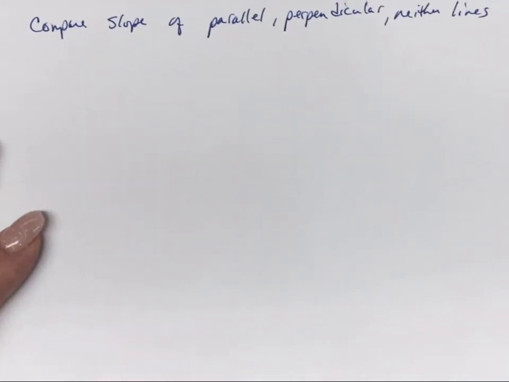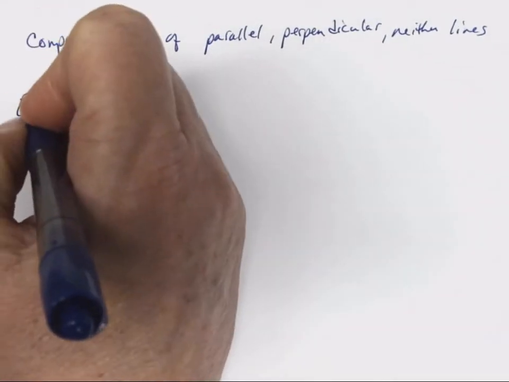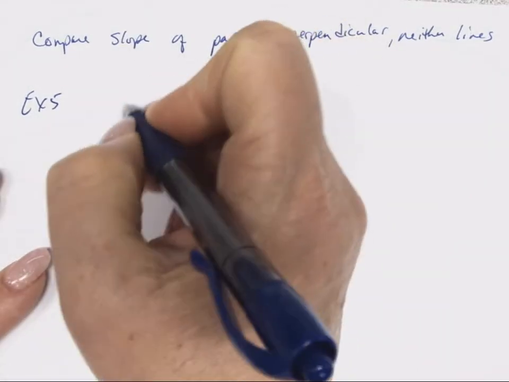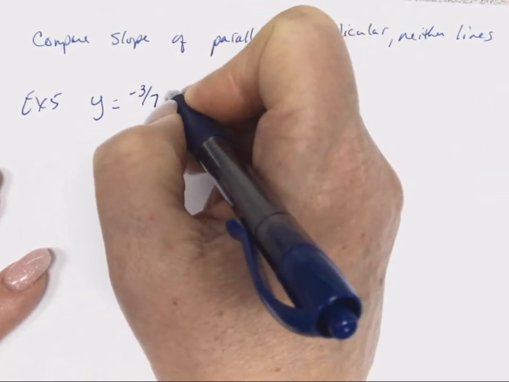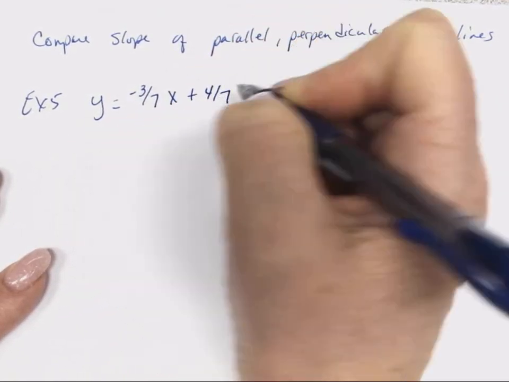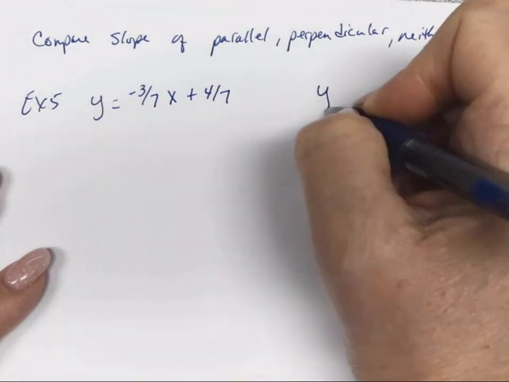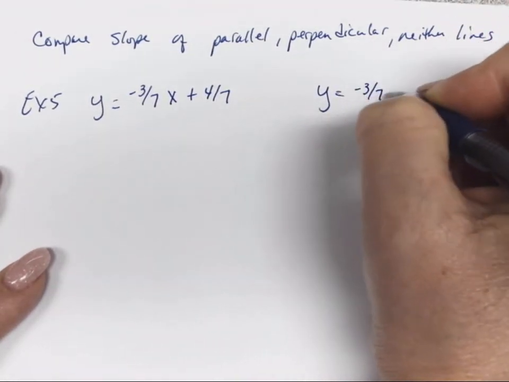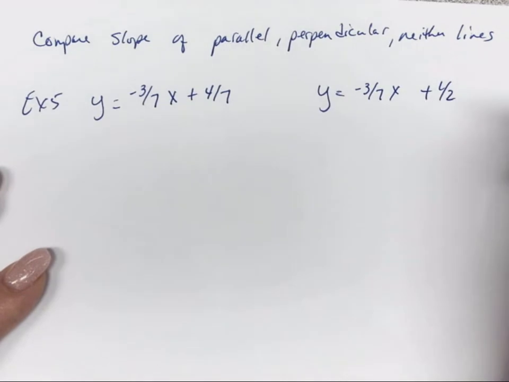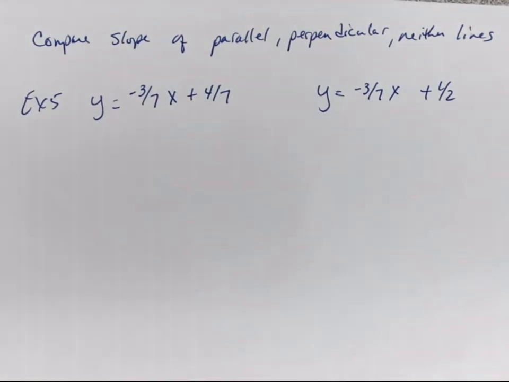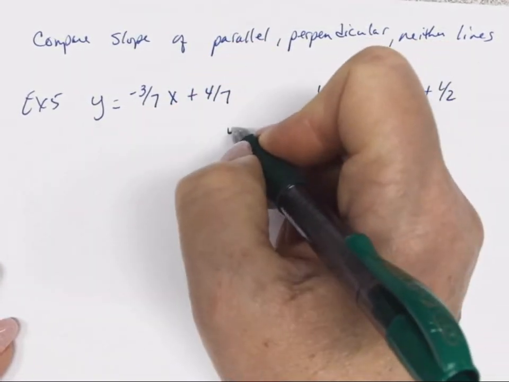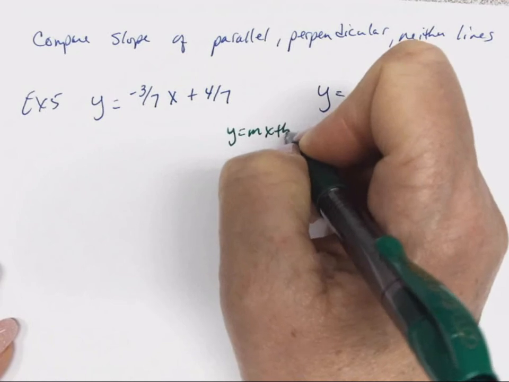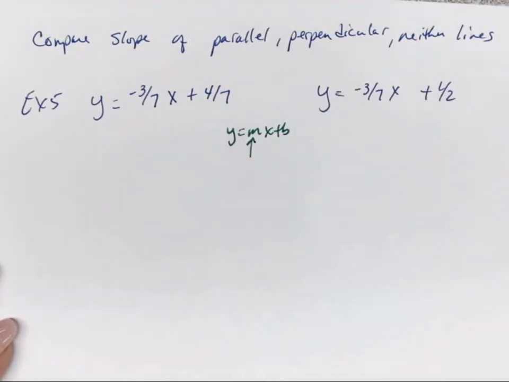So we are on to example 5. We are given that y is equal to -3/7 x plus 4/7, and y is equal to -3/7 x plus 1/2. The first thing we want to do to determine if it's parallel, perpendicular, or neither is figure out what our slope is. Remember, we're looking at y equals mx plus b, and what we care about is the m.